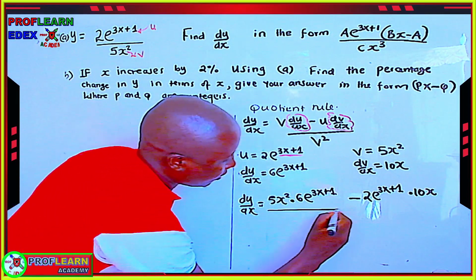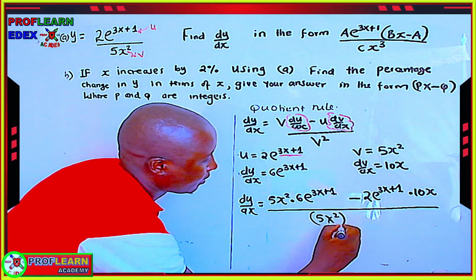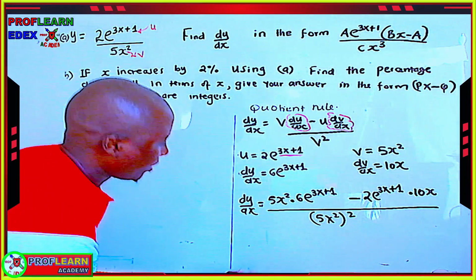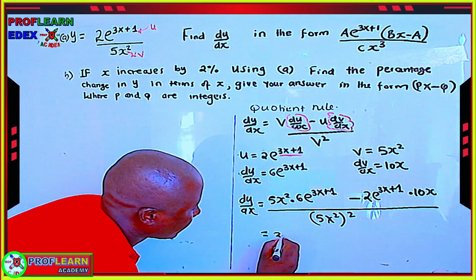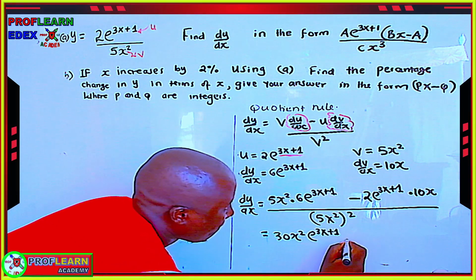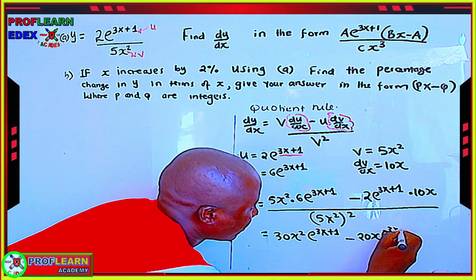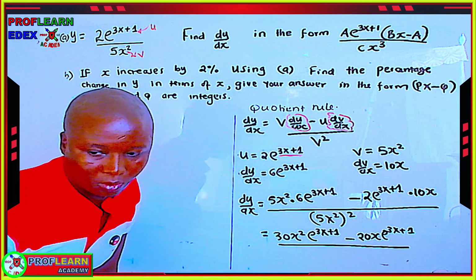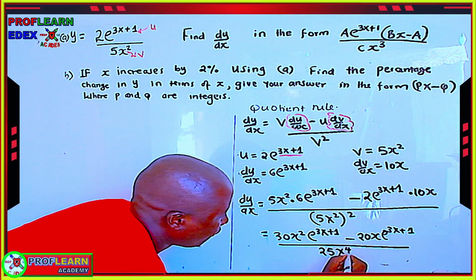Then all this is divided by (5x squared) raised to power 2. So this equation can be written as 30x squared e^(3x+1) minus 20x e^(3x+1), and down here we are going to have 25x to the power 4.